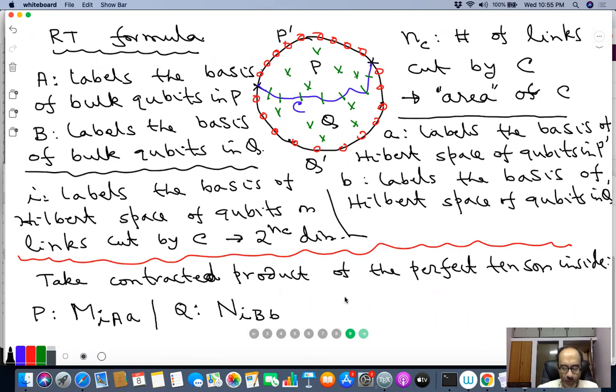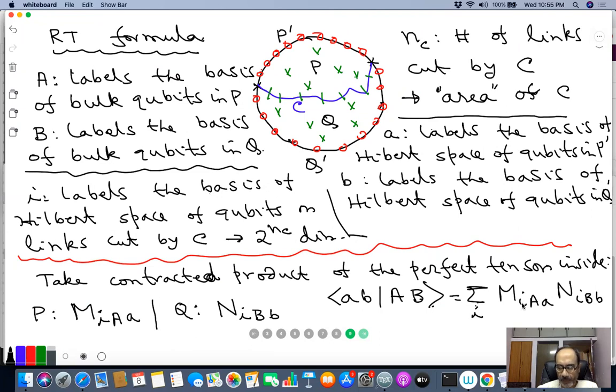So the original code, which is this. This is the complete set of bulk indices. This is the complete set of boundary indices. This, of course, is given by summing over this index I, because these indices also have to be contracted, times M I A N I B. Is that clear?